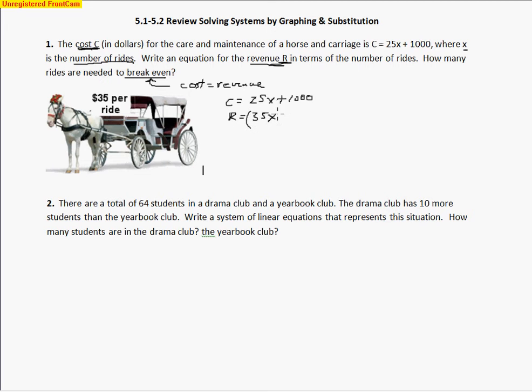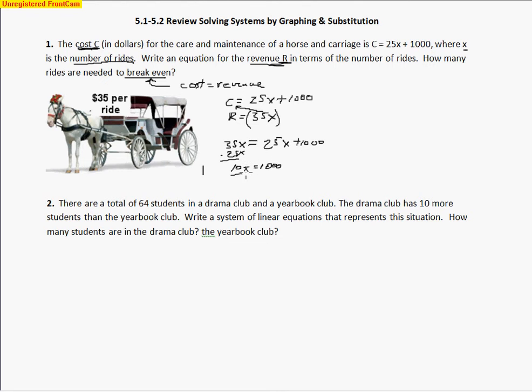So I'm going to take this 35x and put it in place of the cost, because I want those to equal. So 35x equals 25x plus 1,000. So I can go ahead and subtract that 25x from both sides. That leaves me with 10x is equal to 1,000.